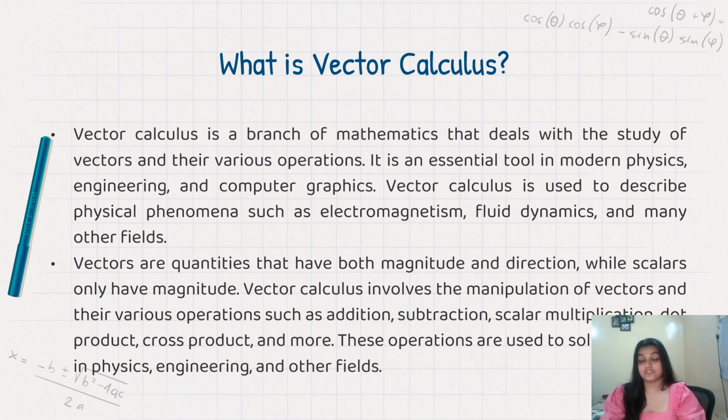Vectors are quantities which have both magnitude and direction, while scalars only have magnitude. Vector calculus involves the manipulation of vectors and their various operations such as addition, subtraction, scalar multiplication, dot product, cross product, and many more. These operations are used to solve problems in physics, engineering, and other fields.